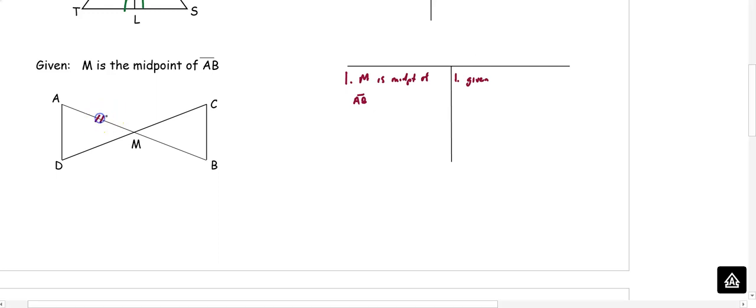So if M is halfway between, that means it's bisecting, and AM is congruent to MB. So statement 2, AM is congruent to MB. And the reason then is that a segment bisector cuts a segment into two congruent parts.